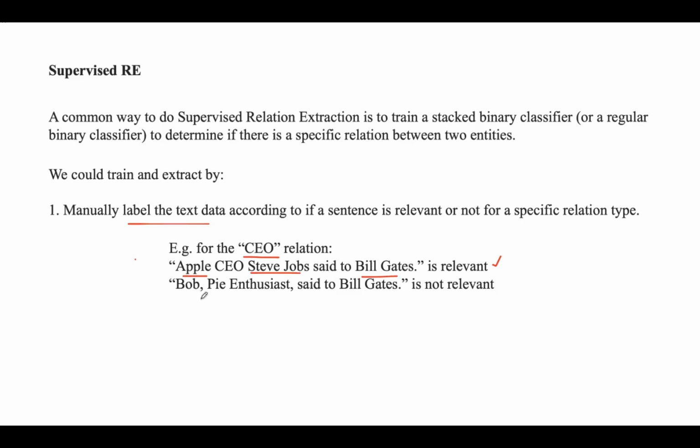Whereas coming to the second sentence, Bob, pie enthusiast, said to Bill Gates. Here Bob is a pie enthusiast, whereas Bill Gates is CEO. So we can't use the relation CEO between these two persons, and we can say that this sentence is not a relevant sentence. Like that, we are giving labels to sentences.